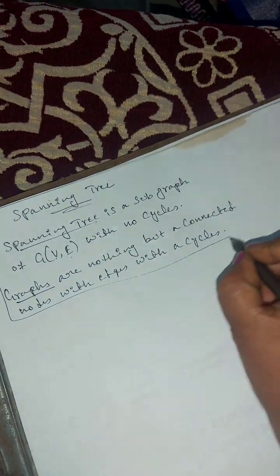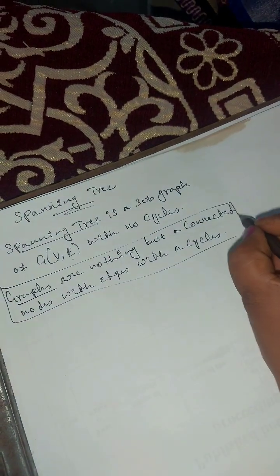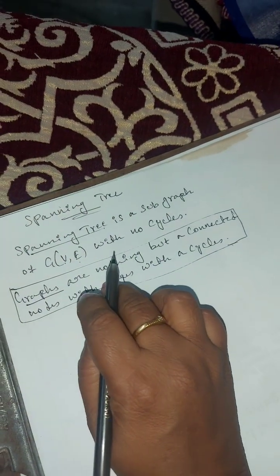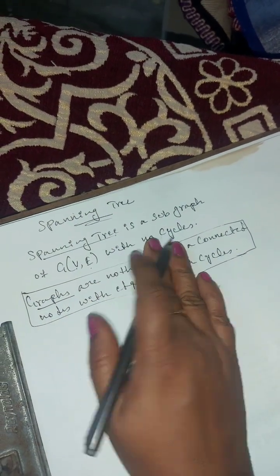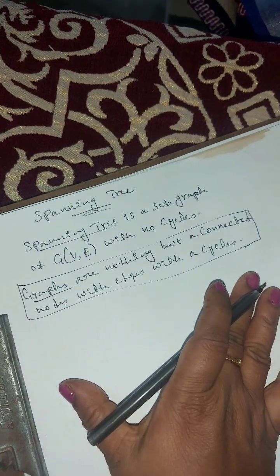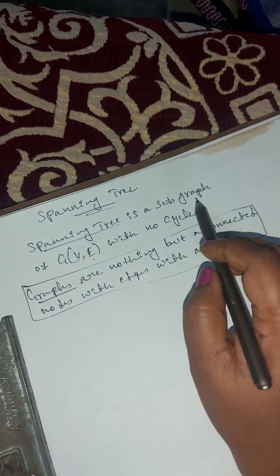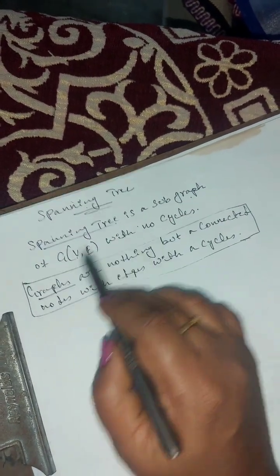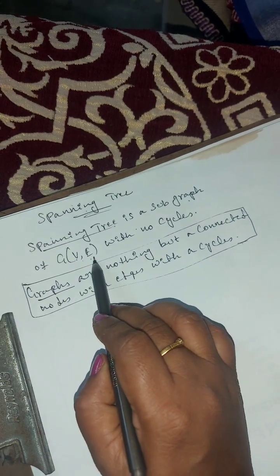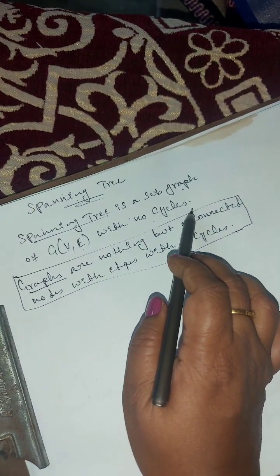So we discussed the topic graphs in our previous topics. So let us discuss the spanning tree. A spanning tree is a subgraph of vertices and edges with no cycles.